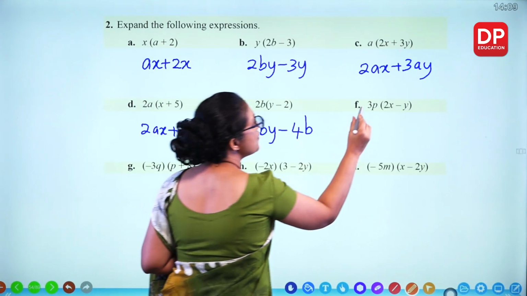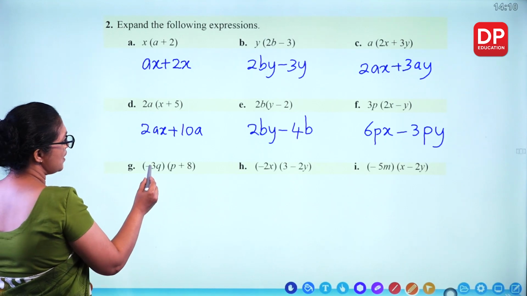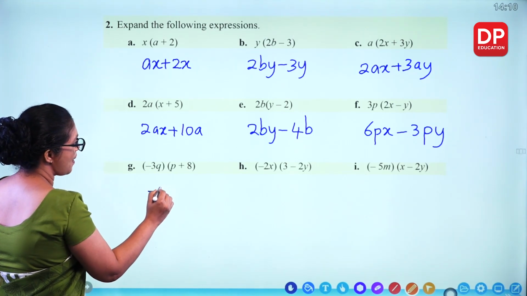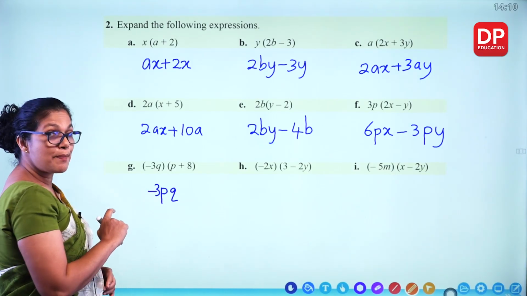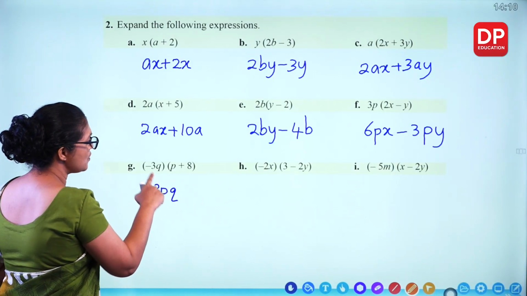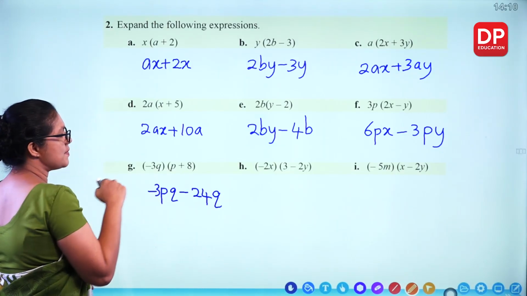This one, 3P into 2x, 6PX. Here, minus 3PY. This one, minus PQ. And here, minus 3PQ. This one, minus 24Q. 3 times 8.